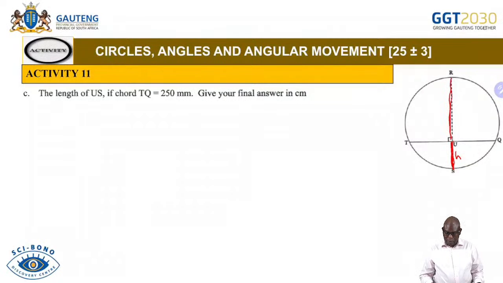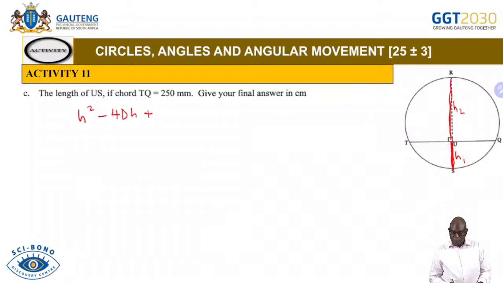We've got two heights there, so I'm going to call them height 1 and height 2. So how am I going to get that height? To get that height, I must write down my formula for d, h plus x squared is equal to 0.